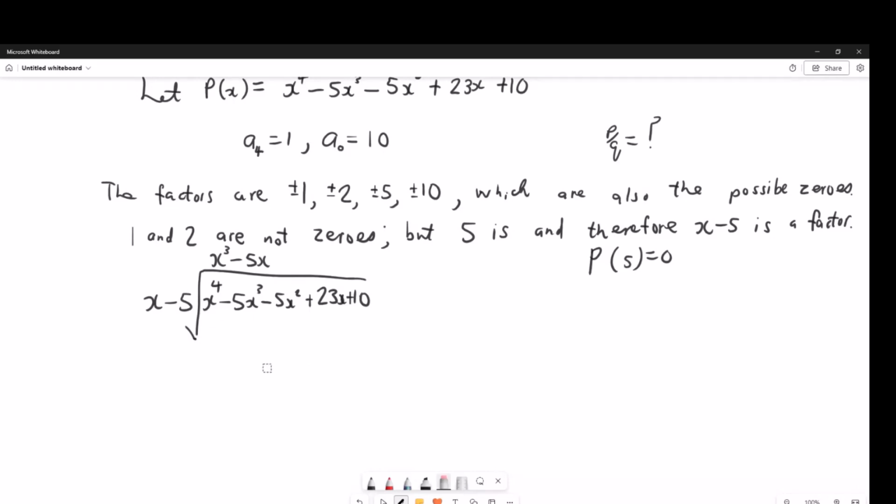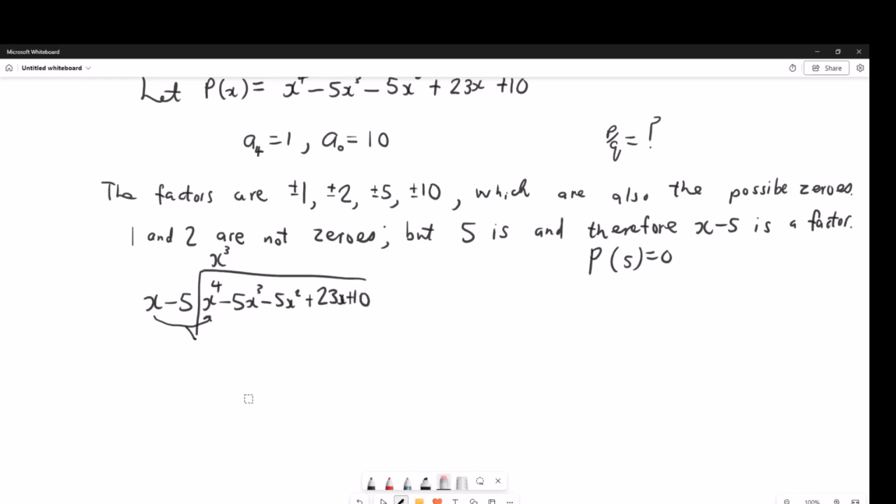So we've established that P of 5 is 0, that 5 is a root of that polynomial. Therefore, x minus 5 is a factor by the factor theorem. Now we ask, how many times does x divide into x to the 4? It goes there x cubed times. Let me erase this here.